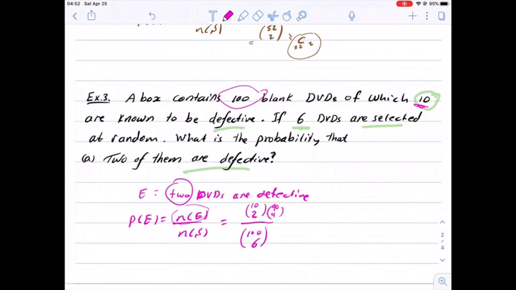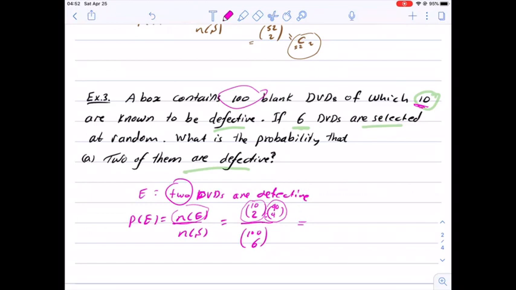So from the 10 defective DVDs, we choose 2, and multiplication, from the rest of the DVDs, this is 90, we choose the rest, 4 DVDs.